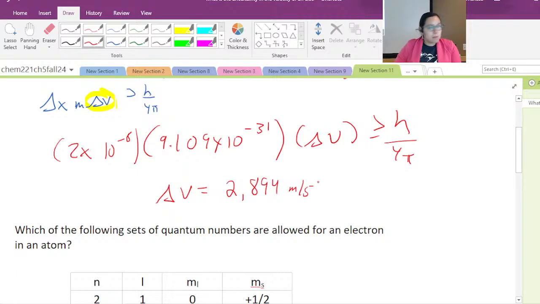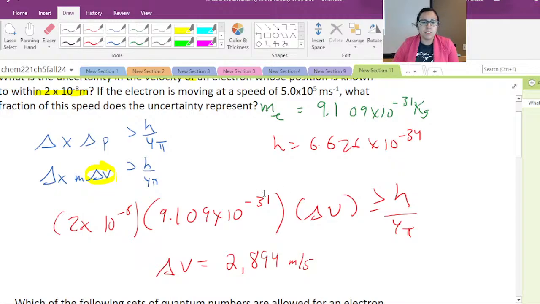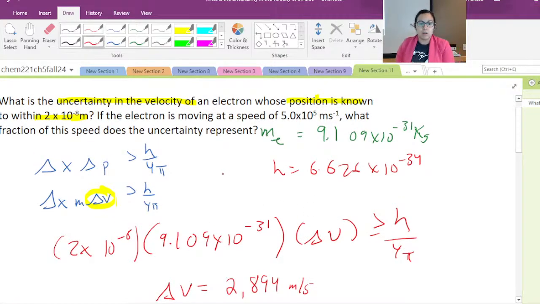And then the problem asks, given this uncertainty in its velocity that we just found, if the electron is moving at a speed of 5 times 10 to the 5th meters per second, what fraction of the speed does this uncertainty represent?